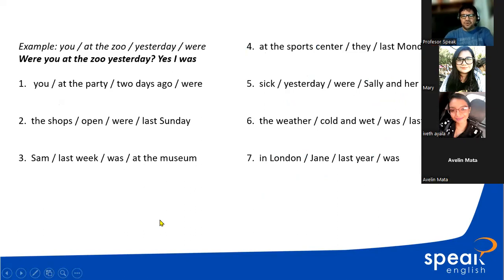So now we're going to do this next exercise. We're going to unscramble the words to make questions. Look at the example. The example says you at the zoo yesterday were. The sentence can say, were you at the zoo yesterday?